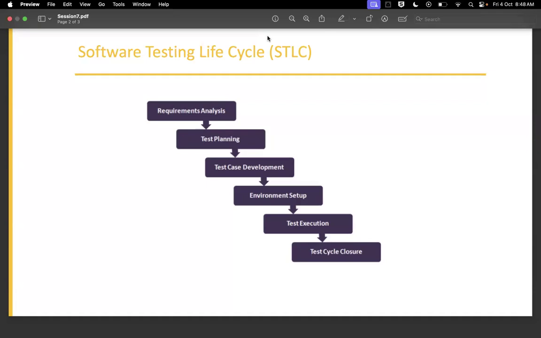In the QA world, we have a few phases such as requirement analysis, planning for the test, then test case development. Once the development of the test cases is done, we need to execute those test cases, so that comes under test execution. After that, we have test cycle closure. So these are the total six phases you can consider whenever we are working in QA.